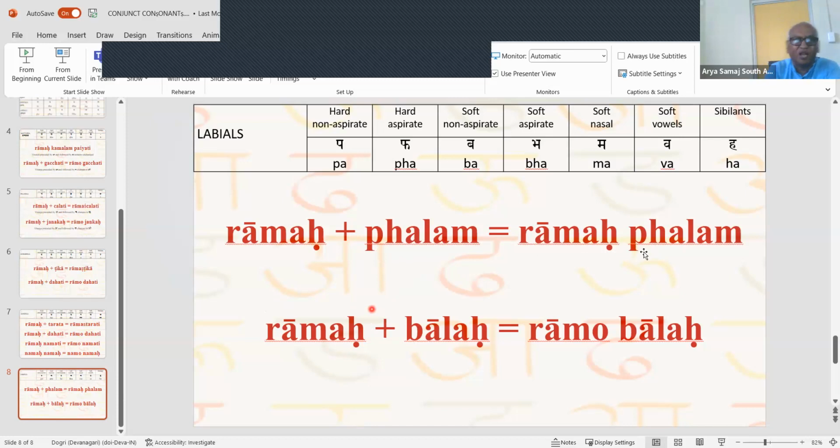Ramaha plus Balah asti, a boy is there, we can just add asti, whatever it is. Ramaha Balah. This time it is followed by a soft ba. Hard pa, now soft ba. So because it's a soft ba, Ramo Balah.